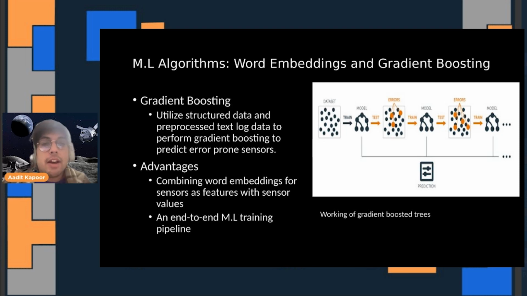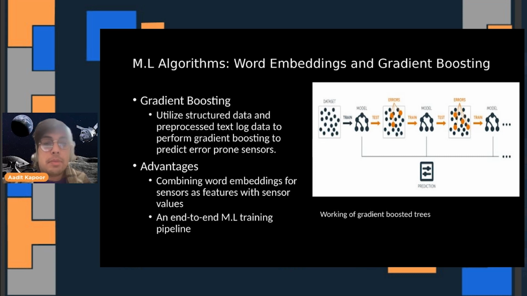And using our 23 column sensor values, we found that we could add in a feature of our embeddings from the log data. We had a way to connect word embeddings and gradient boosting.